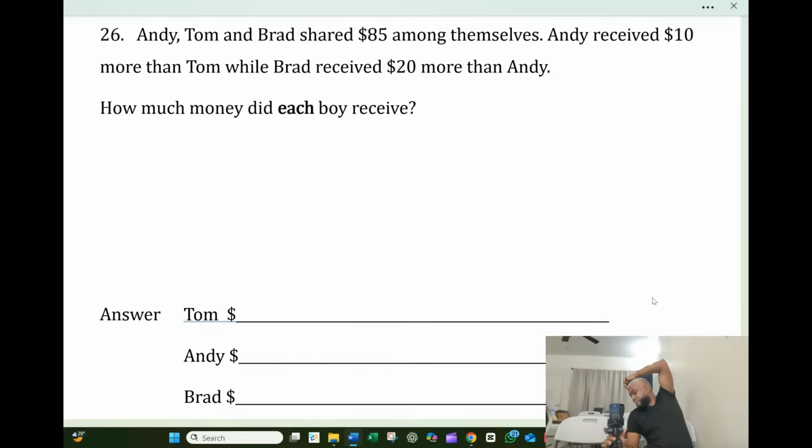Yes, CSEC mathematics. Let's see how it's looking. Now look at one here.